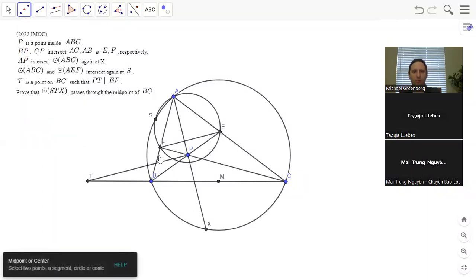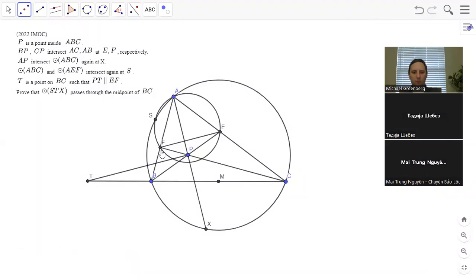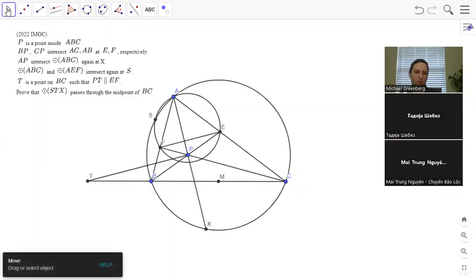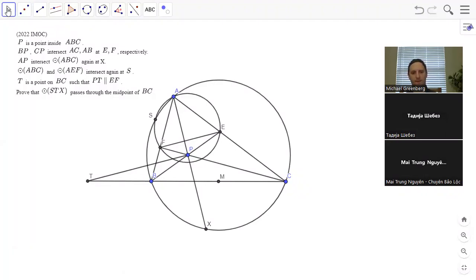So obviously, I'm thinking about using projective geometry.